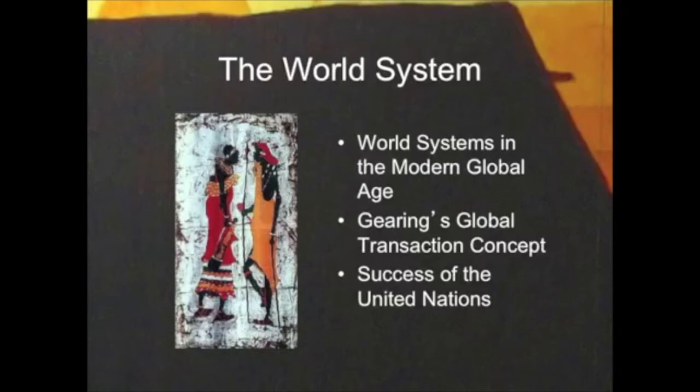In order to make sense of culture in this post-colonial and global age, working again in the early 1970s, anthropologist Fred Gearing gives us the notion of global transaction. Gearing defined culture as being built up out of the transactions between members of communities and their environments over a wide variety of historical circumstances.